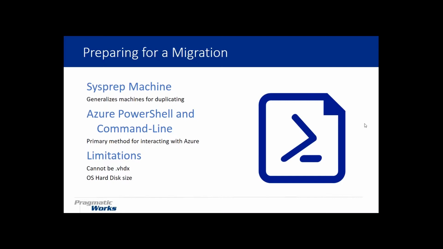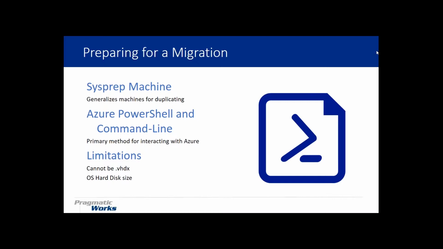If you have a dynamically expanding disk, whenever you go to upload that, it's automatically going to expand that to the full size. The reason that's important to us is because I can set the maximum size on my dynamically expanding disk to pretty much anything I want.